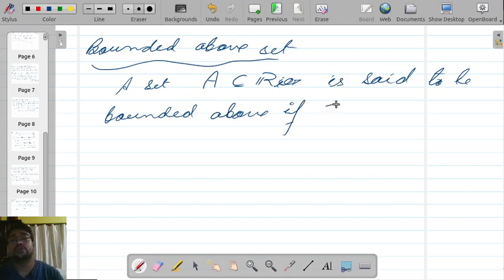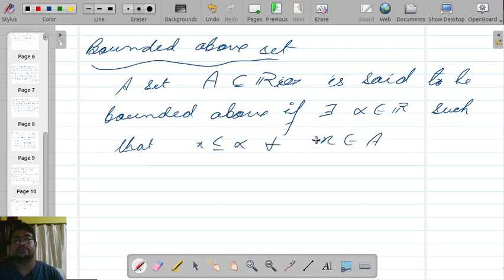That is, if there exists an alpha inside R such that x is less than or equal to alpha for all x inside A. If this happens, then we say that the set is bounded above.